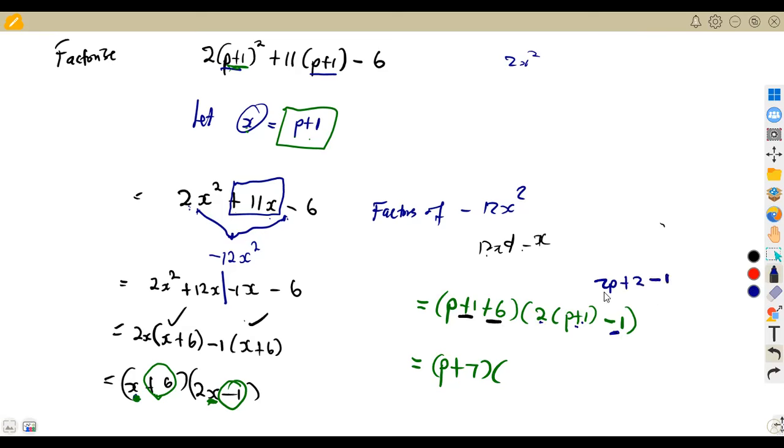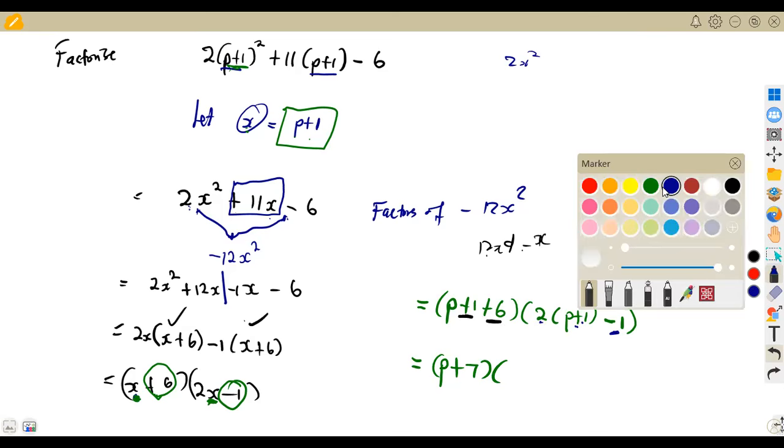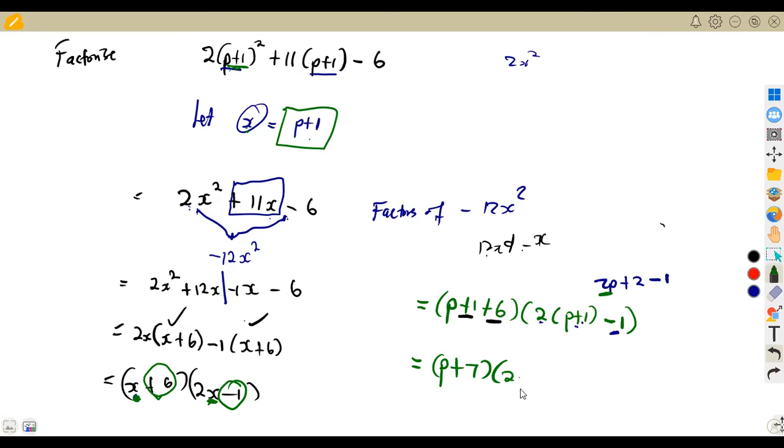So at the end, we have 2p plus 1. That gives our final answer now in terms of p, because we had p.